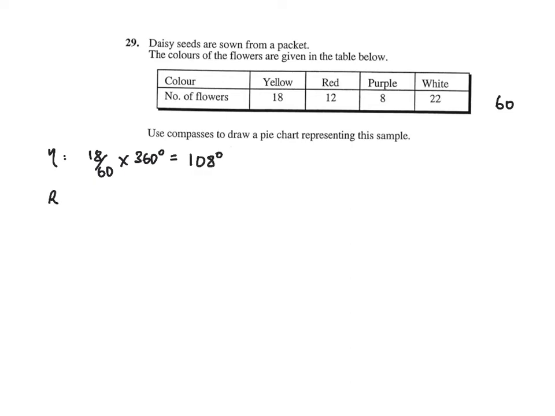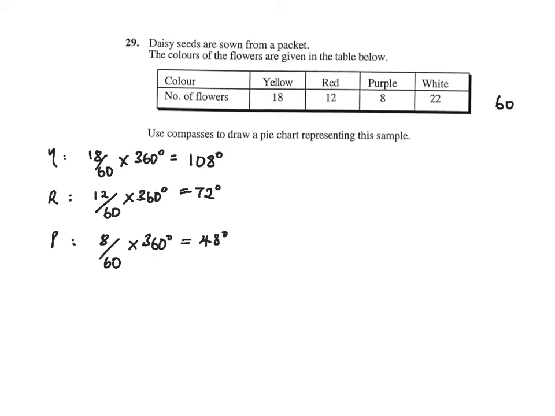For red, we have 12 out of 60, which is 1/5. For purple, we have 8 out of 60 times 360 degrees. 6 eighths are 48.